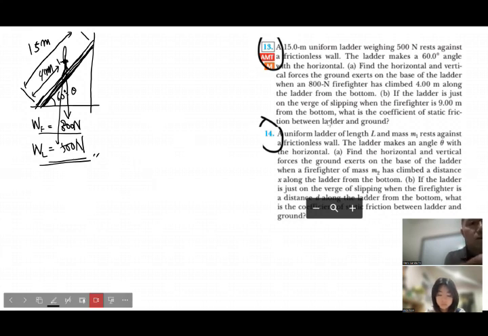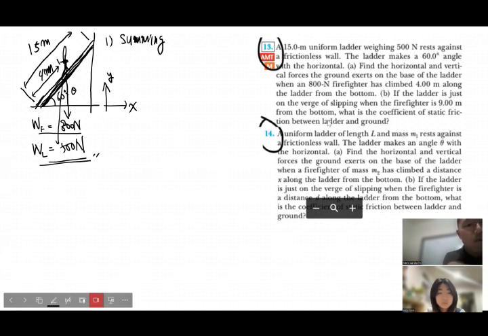So let's quickly take a look at this one. The first step is summing the forces in the horizontal direction, and the second is summing the forces in the vertical direction. So number one, you have to take a look at the forces in the horizontal axis. If you think of this as x and the vertical axis as y, there are two forces created by this firefighter on the ladder.